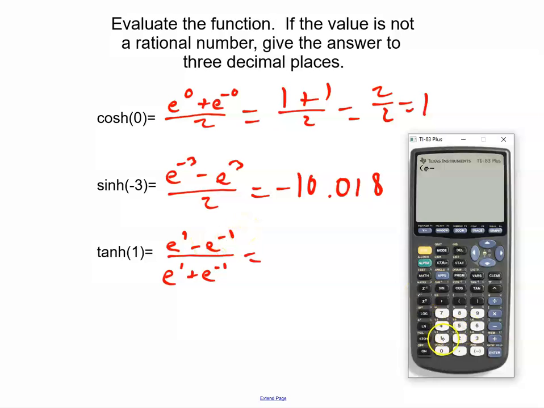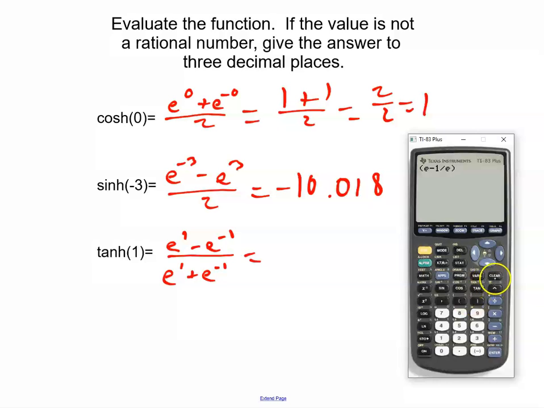So you have two options here. You can type it in as e to the -1. Close your parentheses. Other option, you could just type it in as 1 over e. And again, avoid having to do some extra parentheses in that regard.